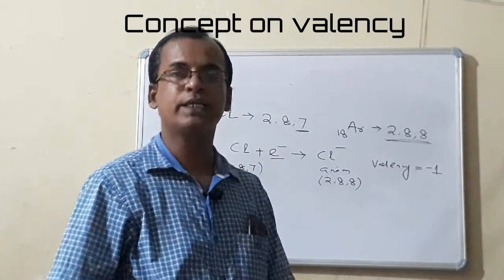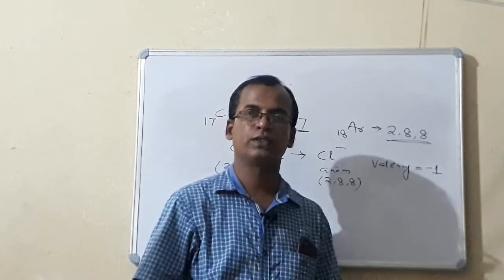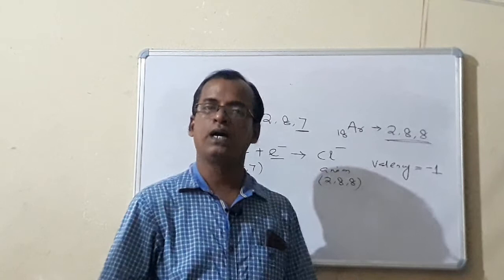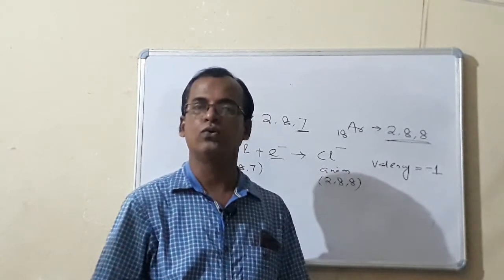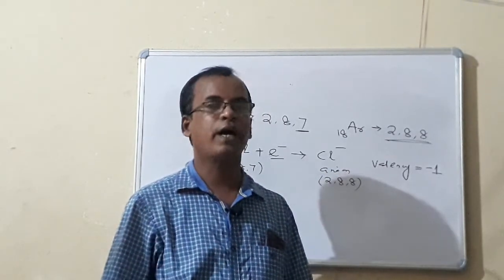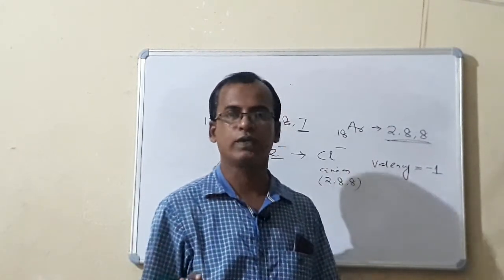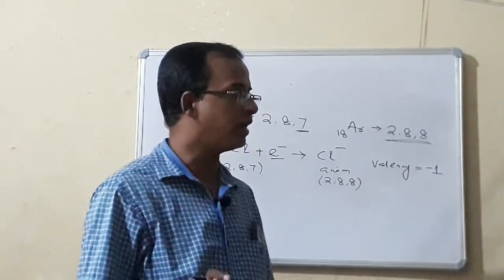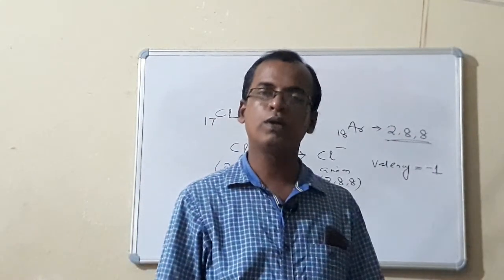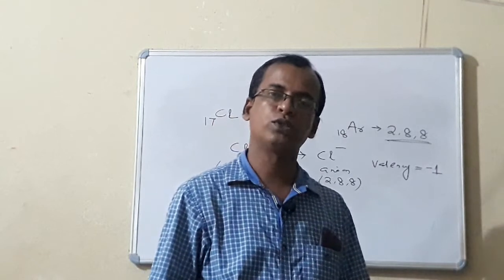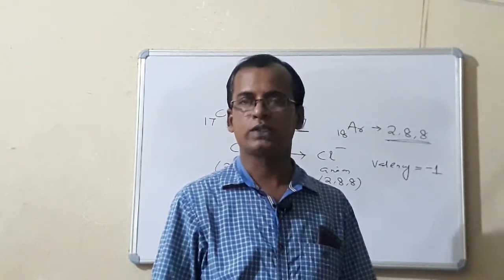Thus valency can be defined as the number of electrons that an atom can donate or can accept to attain the nearest noble gas configuration. Valence is defined as the number of electrons that can be donated or accepted to attain the octet rule.